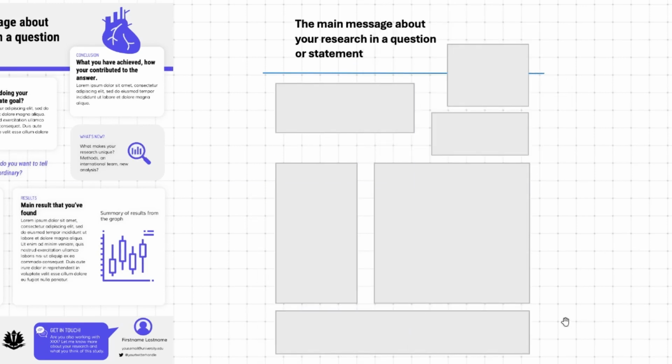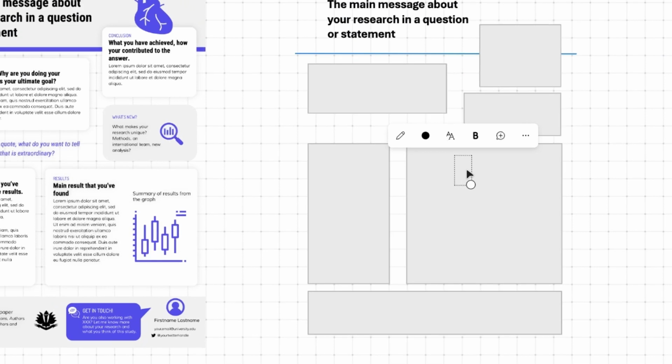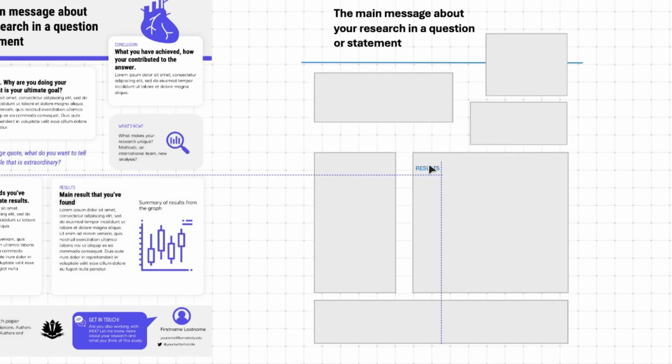Now, to add the different kinds of text inside the boxes, I'm going to click on the text option again. Type the text, change the colour, resize, and position it. Handily, it snaps quite easily into the corner.